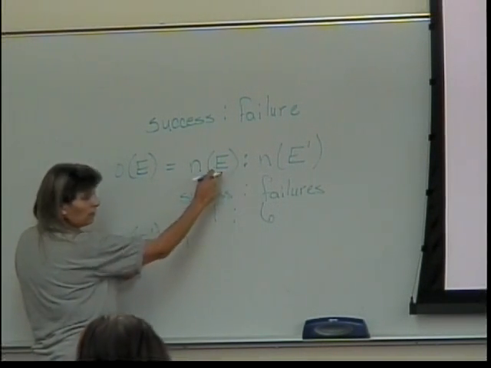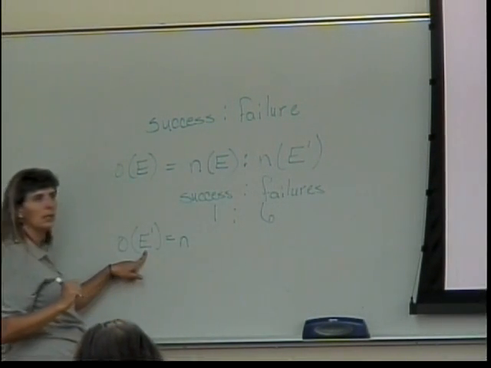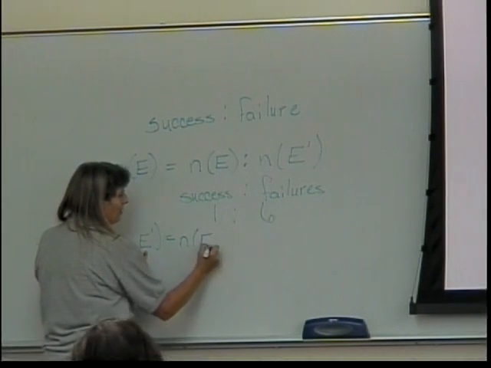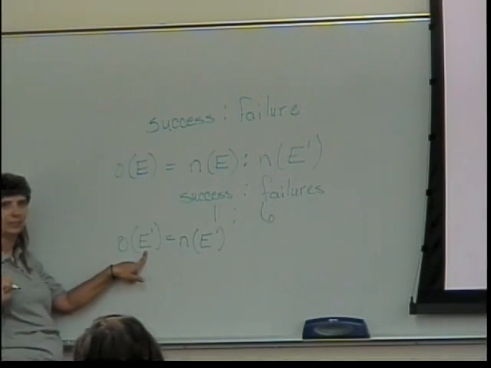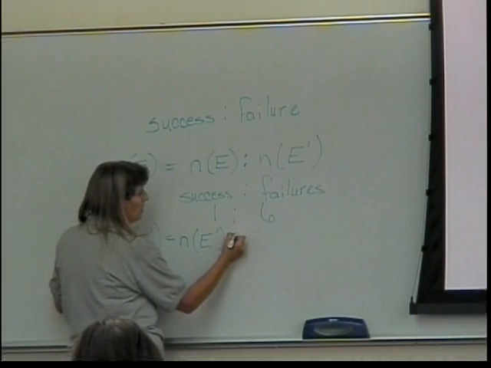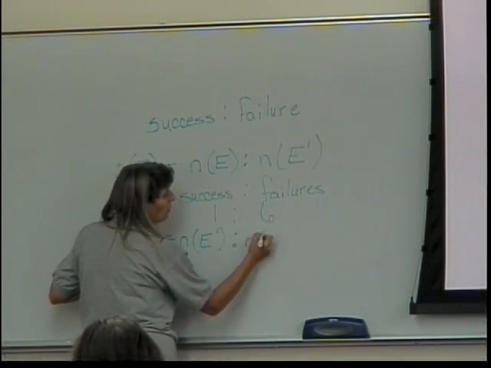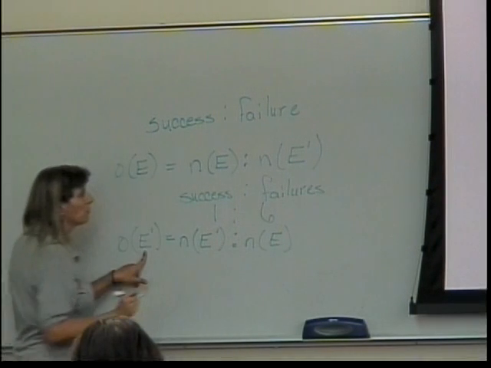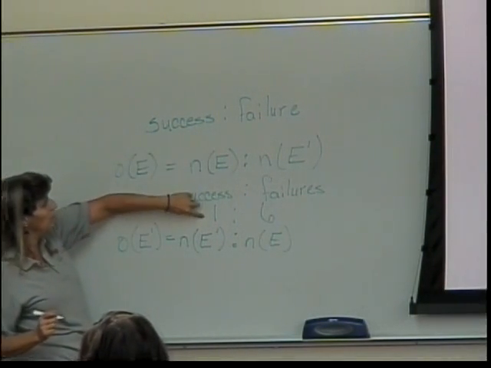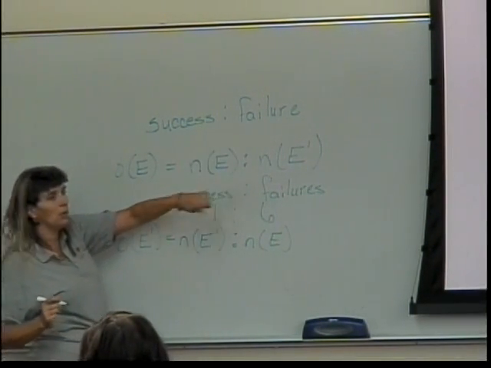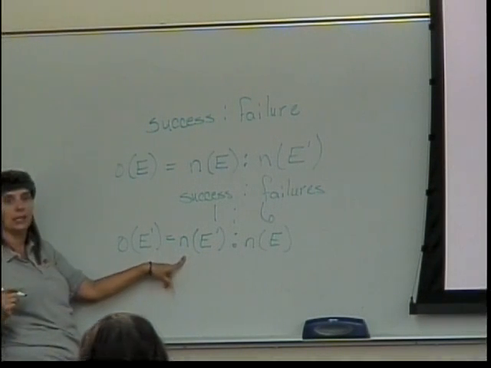Should it be E? It should be not E. Then what should be here? Here should be the E. So what happens to my numbers? Because the number of things in E was 1, the number of things not in E was 6, so the number of things not in E is?